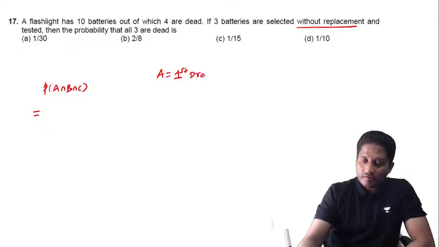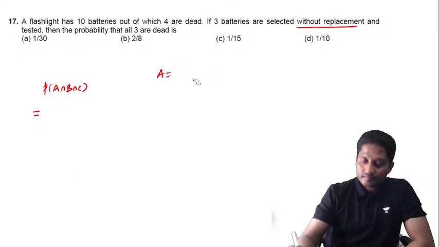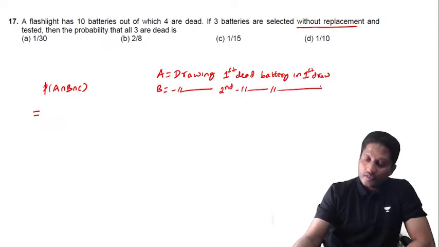A is equal to event of drawing first dead battery in first draw. And B is equal to drawing second dead battery in second draw.